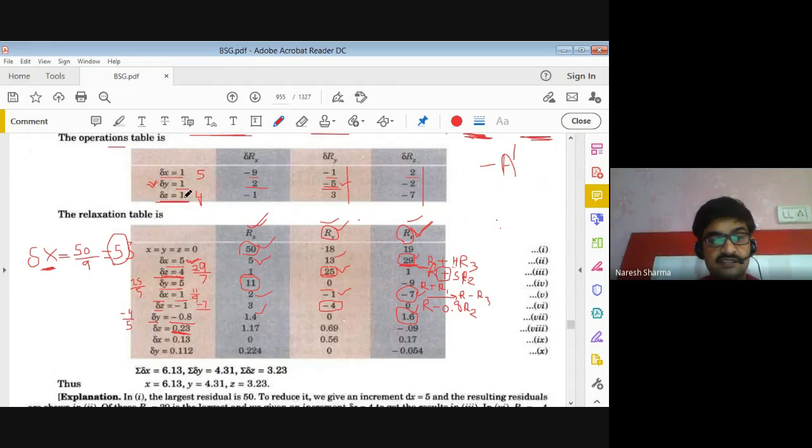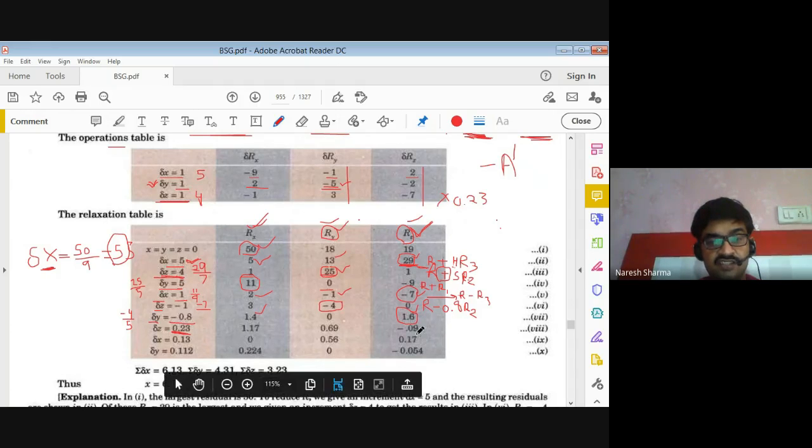So multiply this complete row by 0.23, and after adding this row, that is R plus 0.23 R3, you get this one. If you see here, this is the largest, that means this belongs to your y.